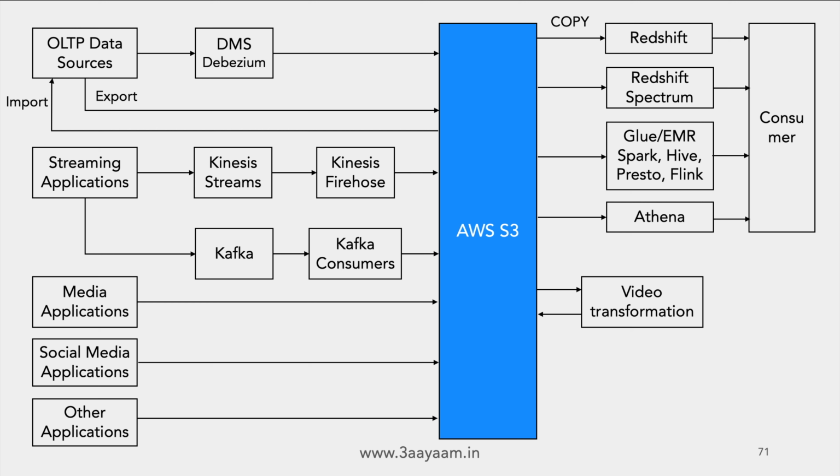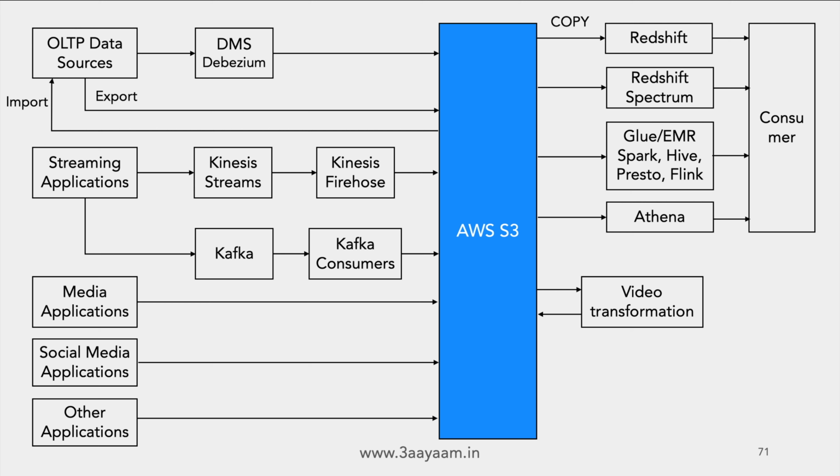Let's say when you look at any video from Netflix or Amazon Prime or YouTube, what you see is that you can change the pixelated view. So it can be HD, it can be 1080p, 960p, 720p, etc. So those are video transcoding, and let's say the media applications are uploading the video, and we have a processing layer which will read the videos and transcode them and put them back to S3.